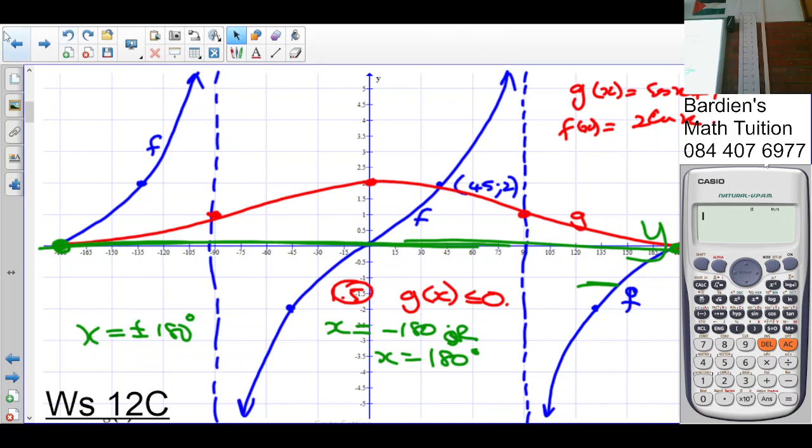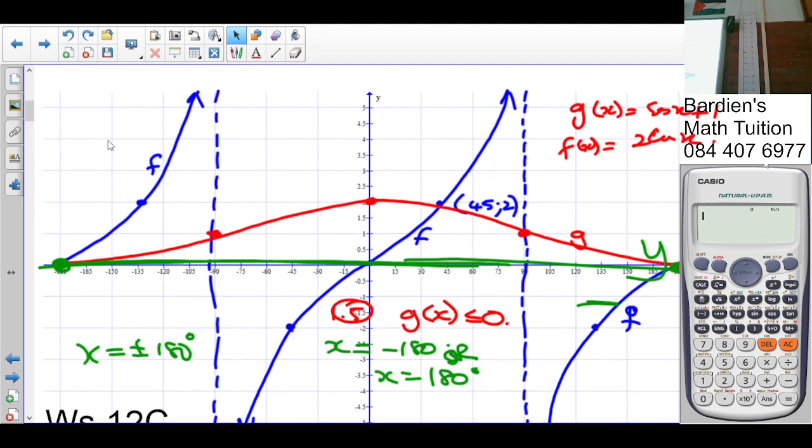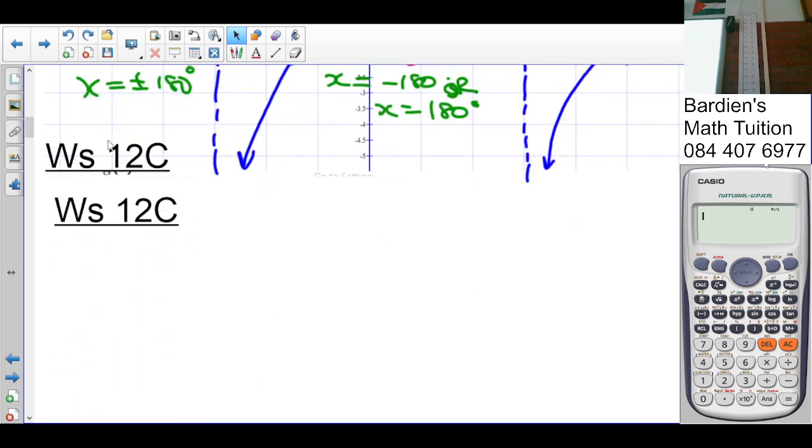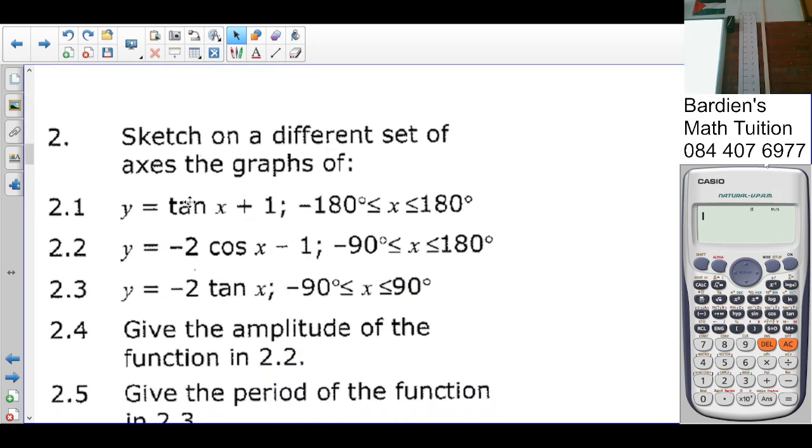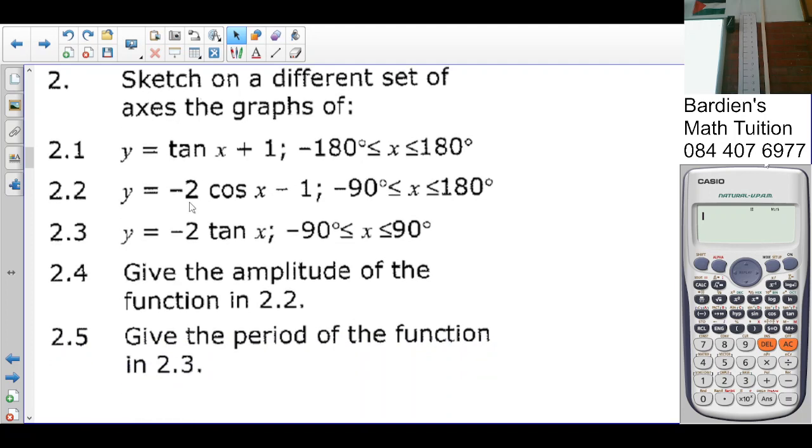Next. So it's question 2. Sketch on a different set of axes the graphs of tan of x plus 1.